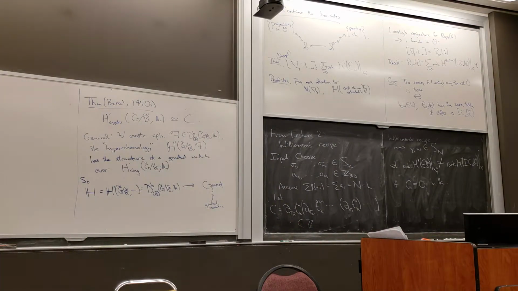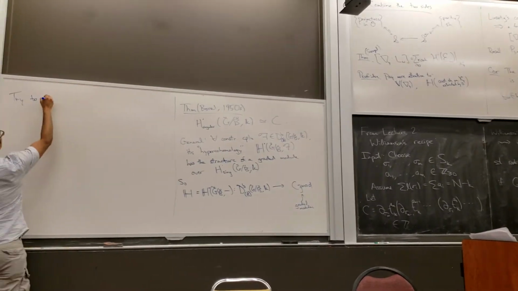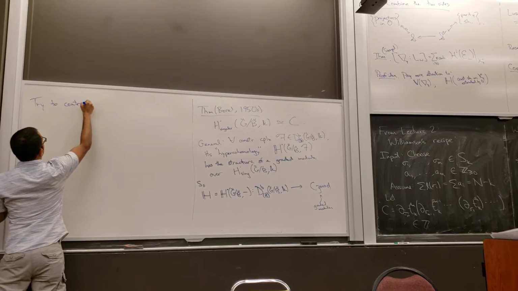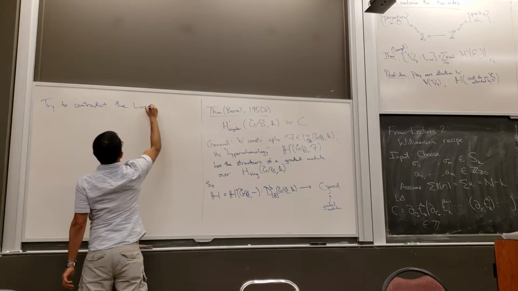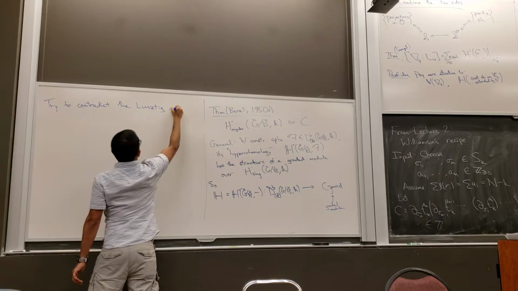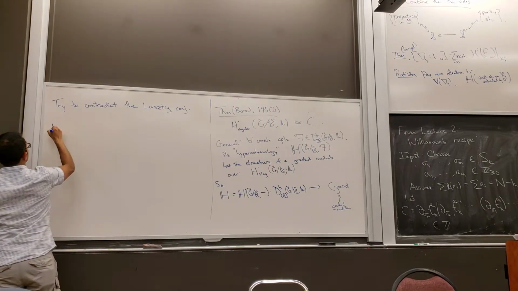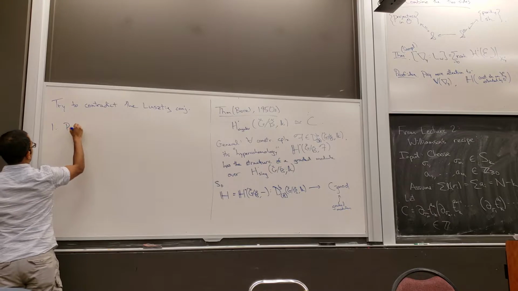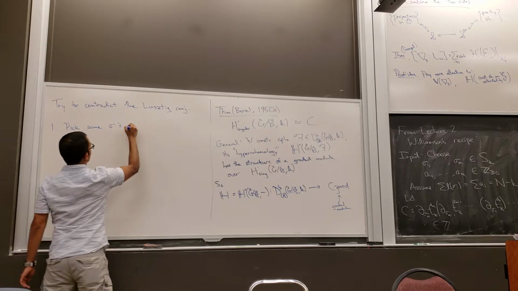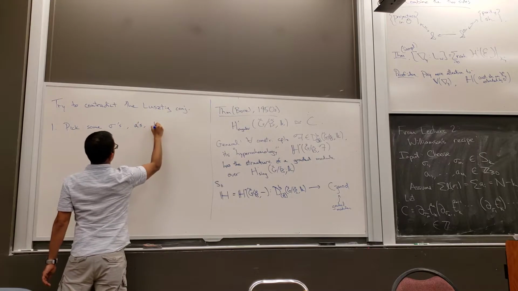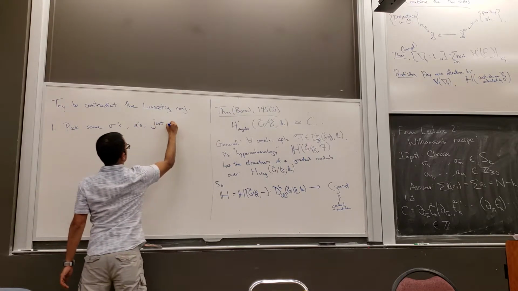So let's try to contradict the Lusztig conjecture. The first attempt is pick some sigmas and a's and just compute.